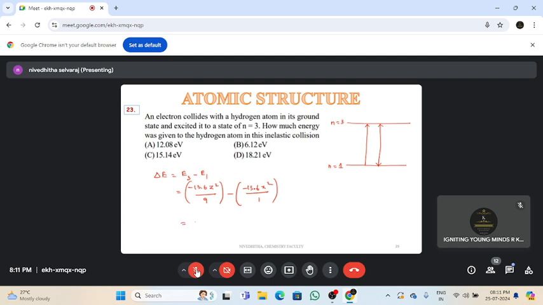We have to take the common terms out, and we have to substitute the value of Z. Since they are talking about the hydrogen atom, the atomic number of hydrogen is 1. So substitute the value of Z and simplify this. We know here the unit is electron volt. So please simplify and tell me the answer of delta E. But Tatvatika, we don't have such an option, right?